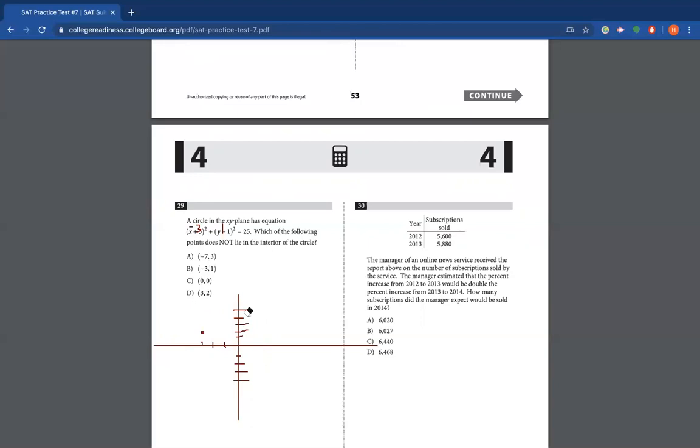So essentially we have to look at this. We know -3, 1 is definitely in the circle, because that's our center. The farthest it can go is 3, -1, right? Because it has a radius of 5.